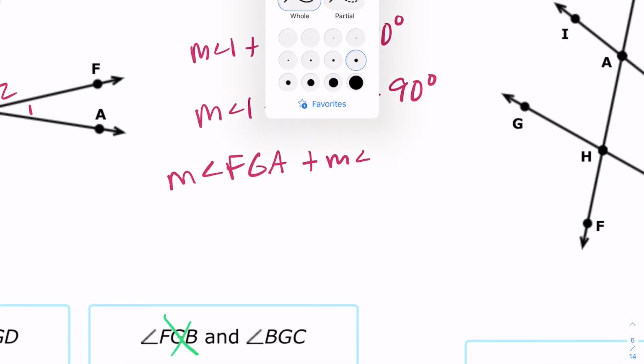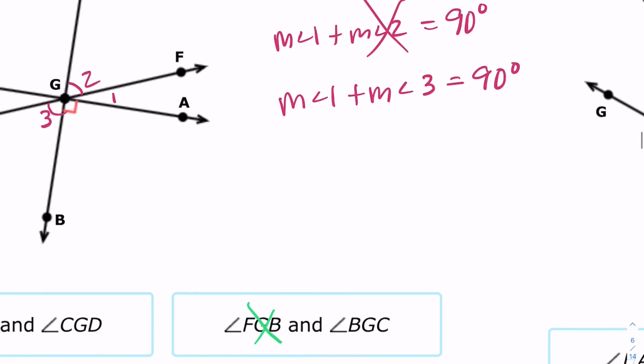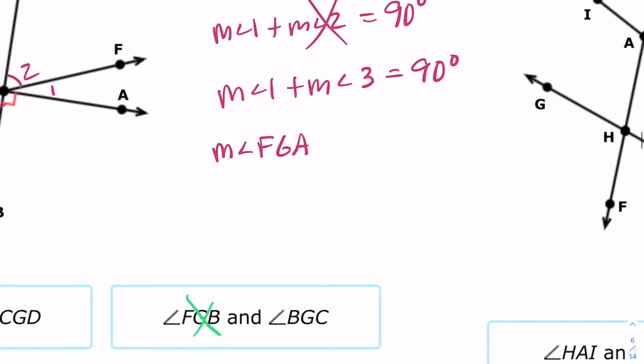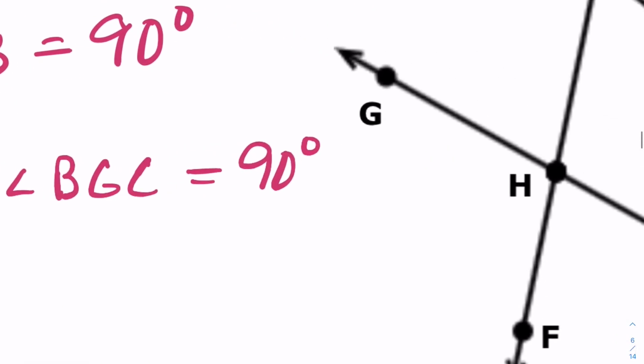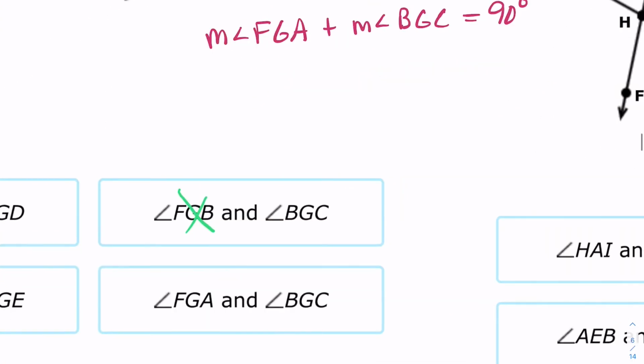Yep, see, there's a lot of mess here. Measure of angle 1 is the measure of angle FGA. And the measure of angle 3 is measure of angle BGC. And that is equal to 90 degrees. Okay? And so these two are the complementary ones.